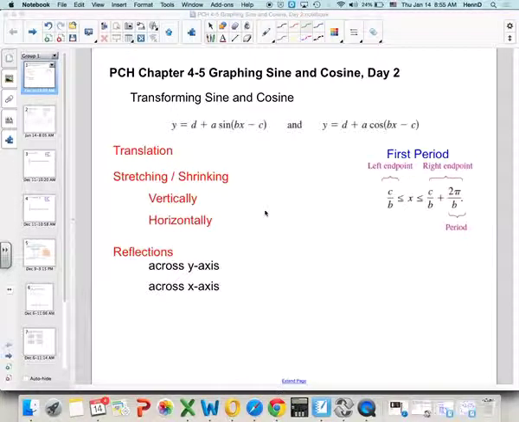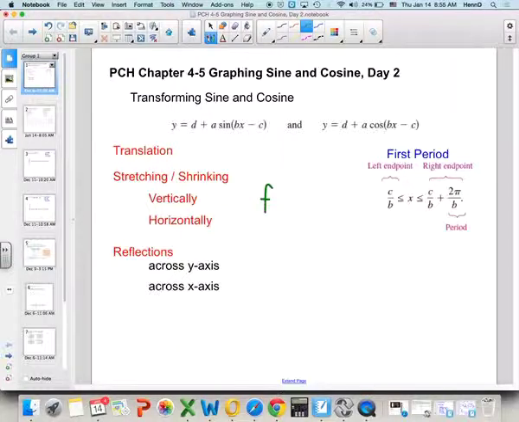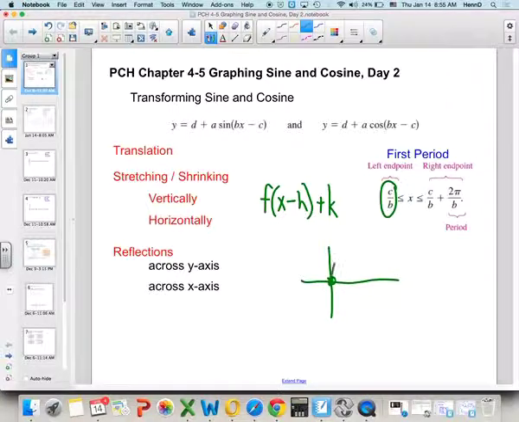We had f of x minus h plus k, and h would be the horizontal shift, okay? You can see right here, however, we have a c over b. That's where our left endpoint is going to be. In other words, that endpoint was at the origin normally, like with sine, but now it's going to get shifted to whatever c divided by b equals, okay?